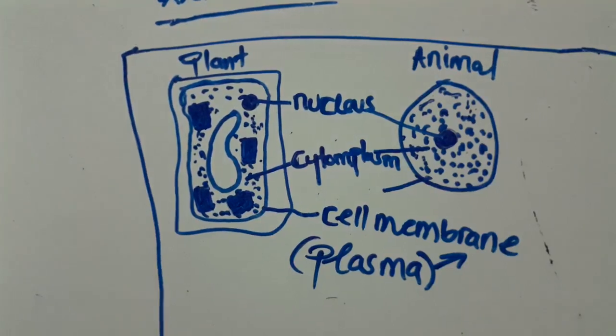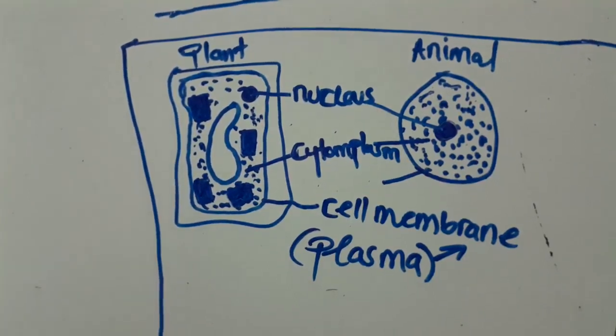So these are the three similarities of a plant cell and an animal cell. These three parts are found in both.